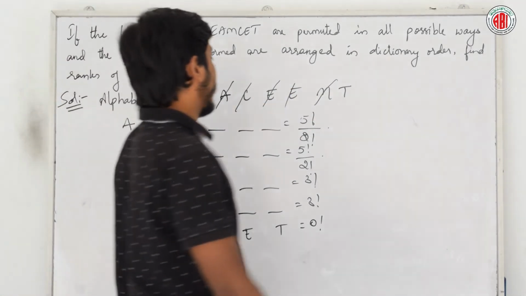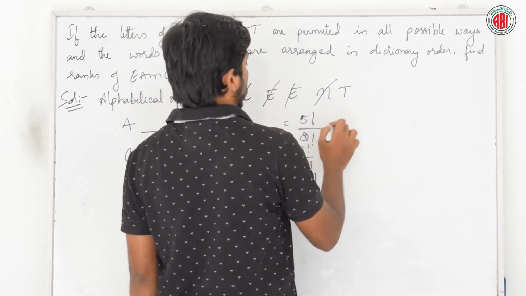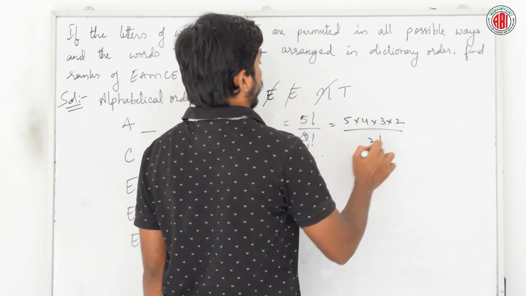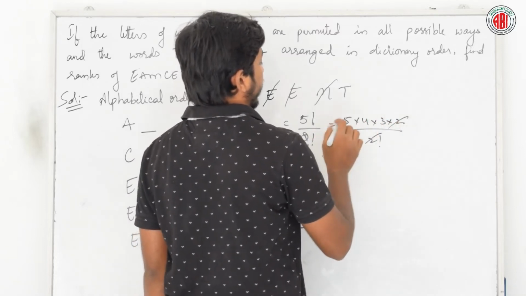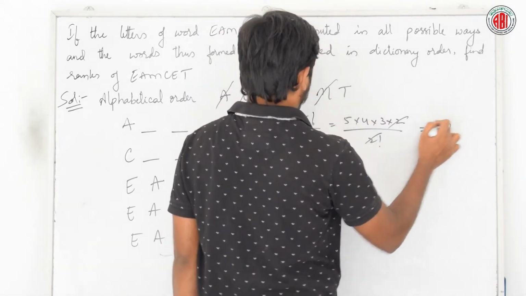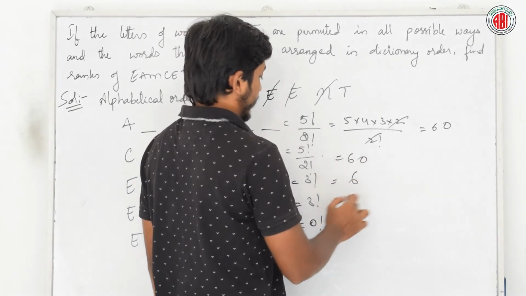Okay. Now just let us add everything. What do we get? 5 factorial is 5, 4, 3, 2 divided by 2. 2 will get cancelled. We'll get 5 4s are 20, 2 3s are 60. This is also 60. That is 3 2s are 6, 3 2s are 6.